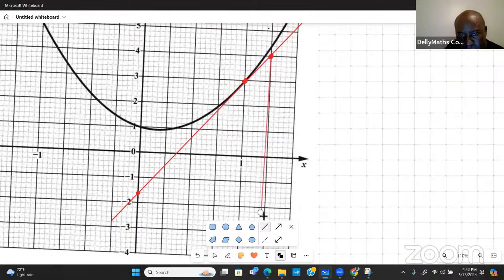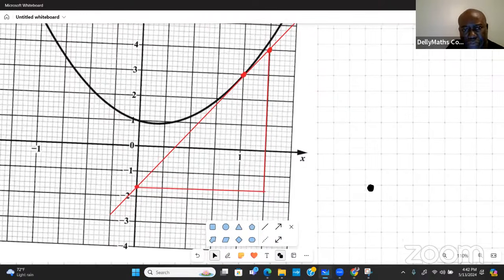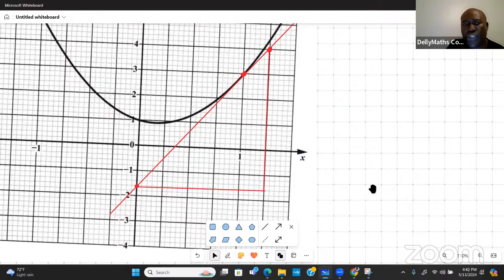So I'm going to pick up my rise over run. For my rise, how many units am I seeing? 1, 2, 3, 4, 5, 6. This is 6 right here, so that's my rise.